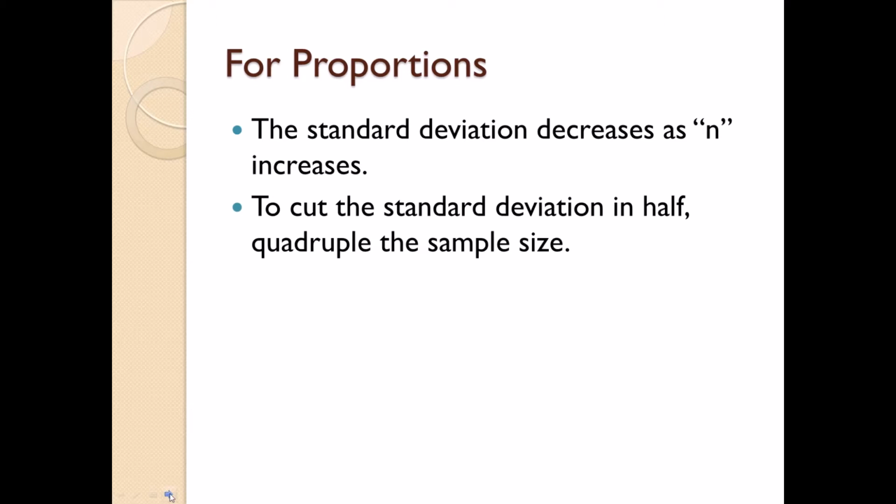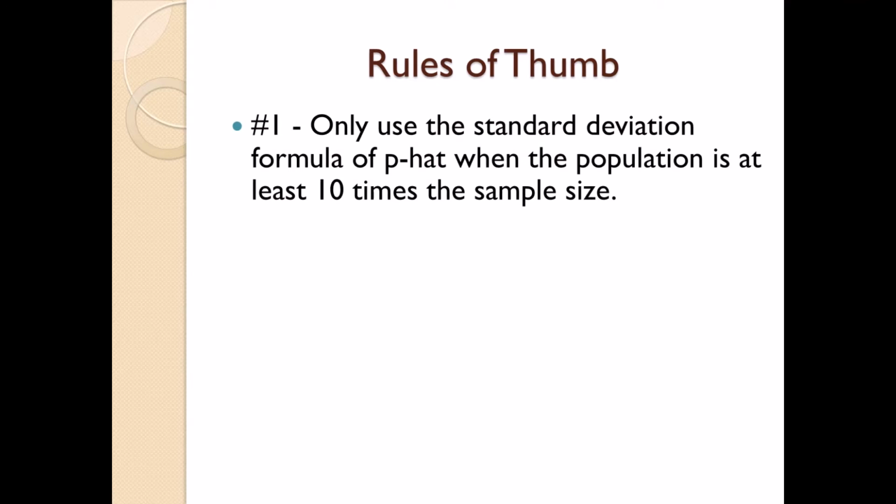You may remember that. These are the conditions that we need to use these formulas. We only use that standard deviation formula of p hat when the population is at least 10 times the sample size. So there is the origin of your 10% rule.